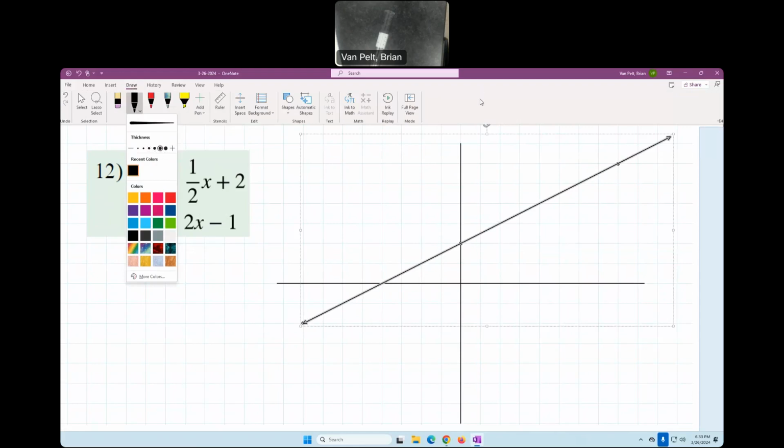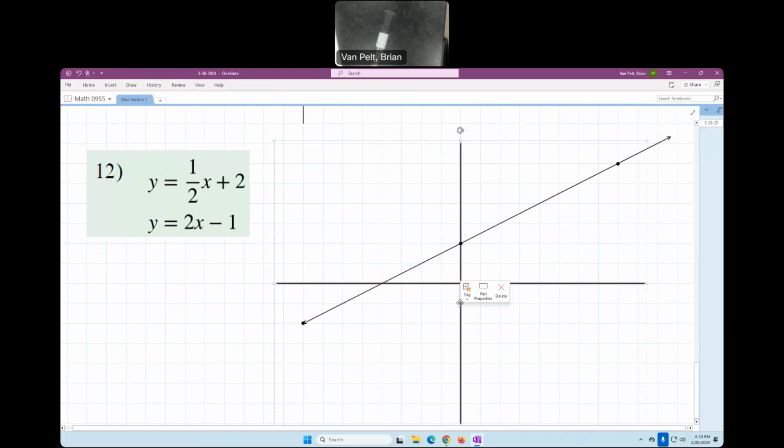Now the other line, let's take a look at that one. Here I'm going to start at the y at -1.